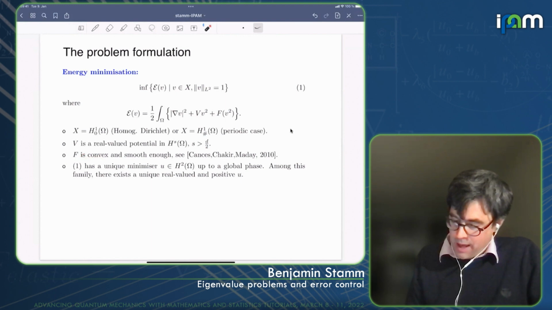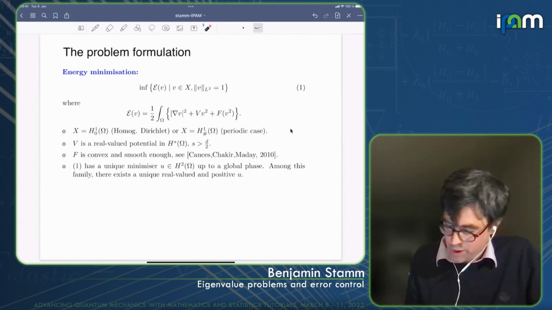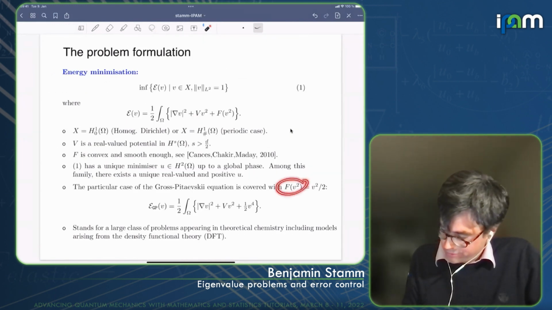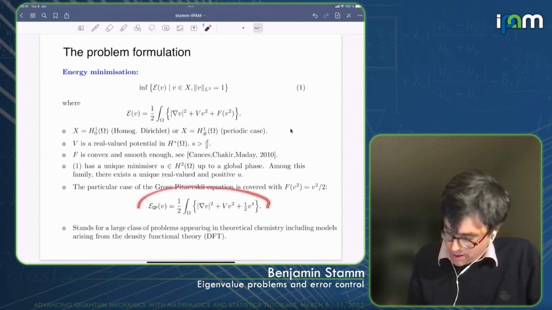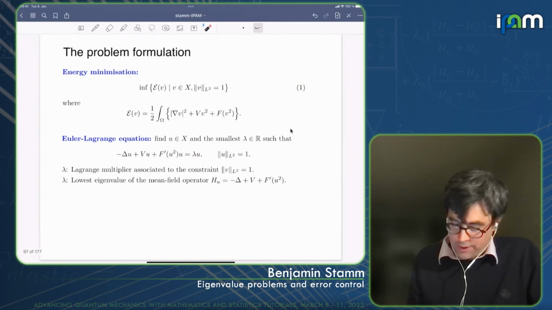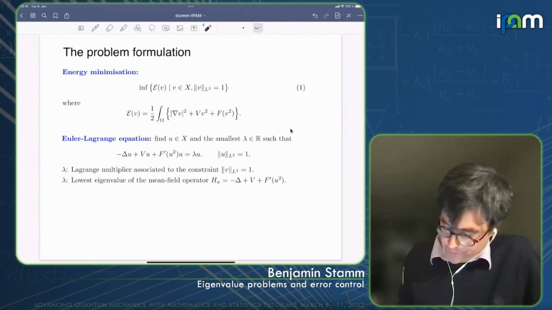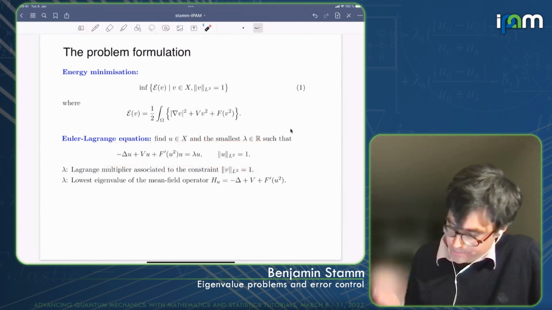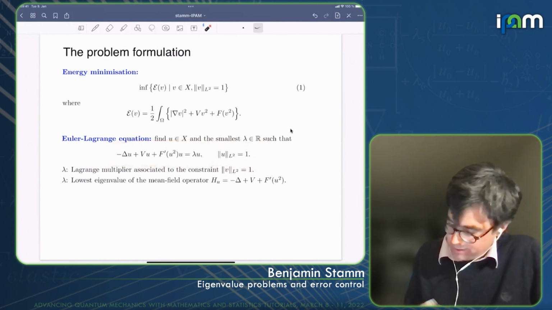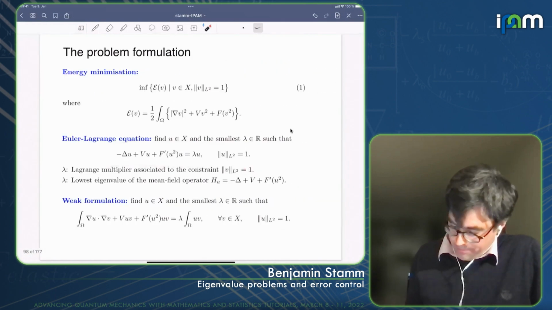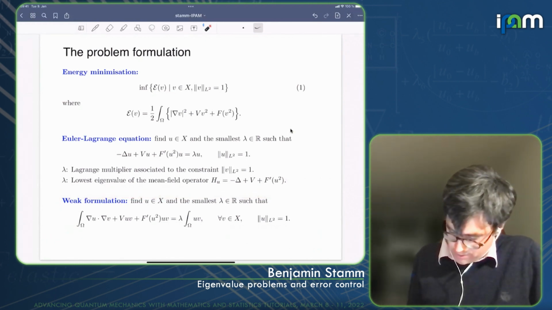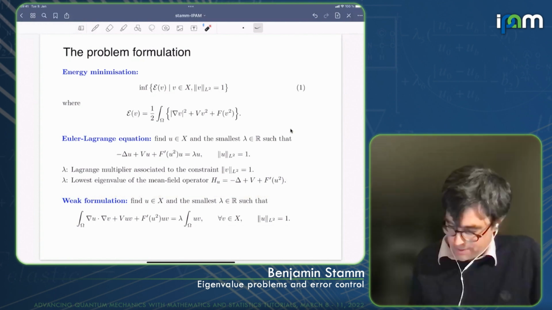You look at the ground state of this problem, and in the case of the Gross-Pitaevskii equation, f of v squared is just v squared over 2, and you get this energy functional. Again, you can look at the first order optimality condition as before, and in strong form, you find this problem where we now only look at one function and the smallest eigenvalue satisfying this eigenvalue problem. The weak formulation as before is here, with test function v.